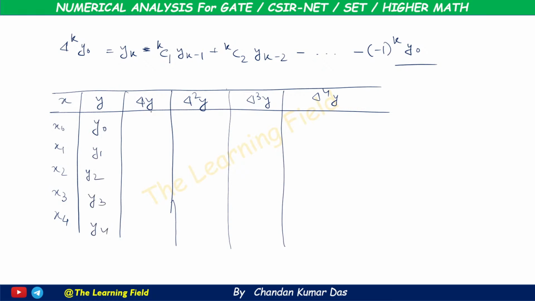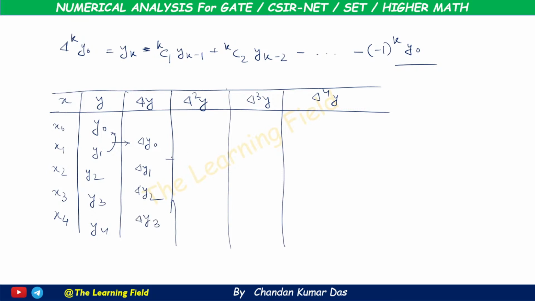Delta y0 is equal to y1 minus y0, and we write delta y0 in between, then delta y1, delta y2, delta y3.